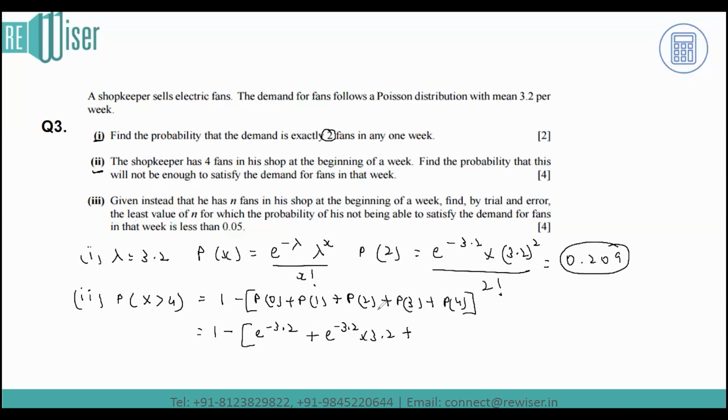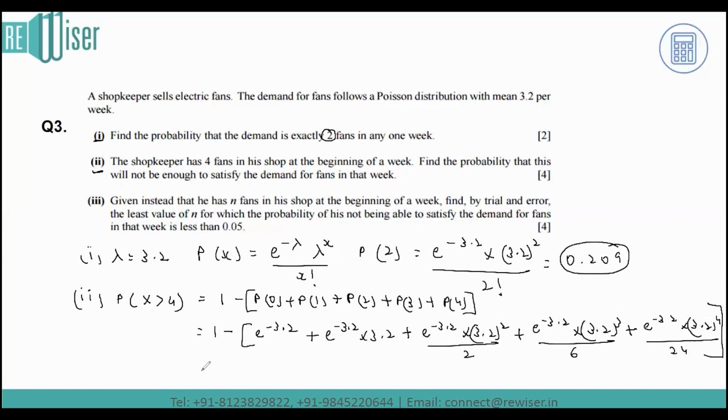If I put the value of P2 into the above formula, I'll get e to the power minus 3.2 into 3.2 whole square divided by 2. Similarly, if I put it for P3, I'll get e to the power minus 3.2 into 3.2 whole cube divided by 3 factorial, which is 6, plus if I'm finding P4, it will be e to the power minus 3.2 into 3.2 to the power 4 divided by 4 factorial, which is 24.